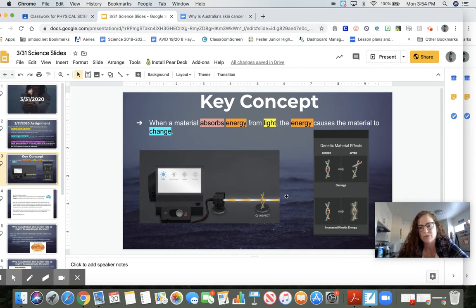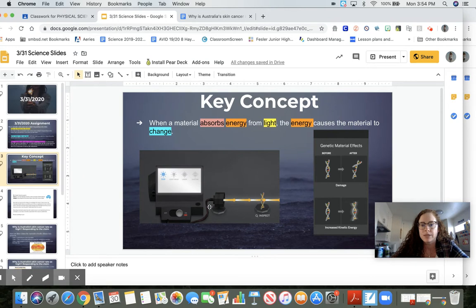So this is one of the things we saw in the sim last week, that when we put the genetic material, that's our DNA, right here, we shined the sunlight on it, we showed the energy, we can see that some energy is going through, right? But what causes that change, that damage here, is that we know that the material had to absorb the energy. And then I showed you a video last week from Vsauce that showed that when our cell's DNA gets damaged or altered, that's where cancer comes from.